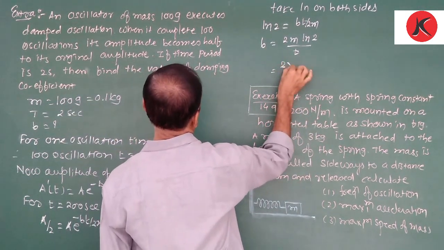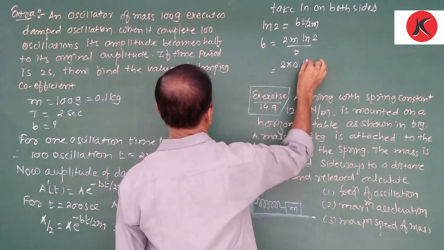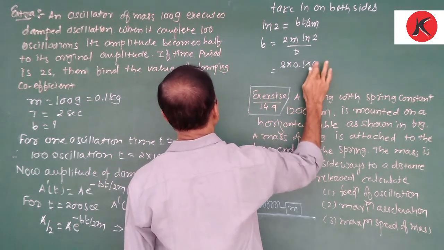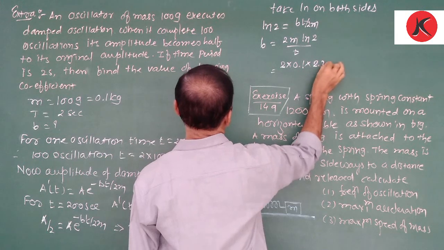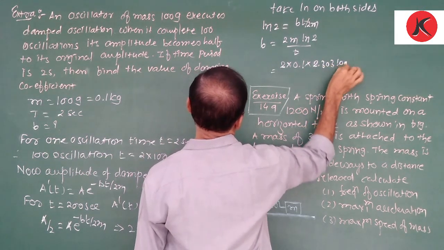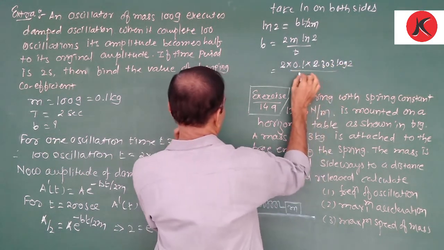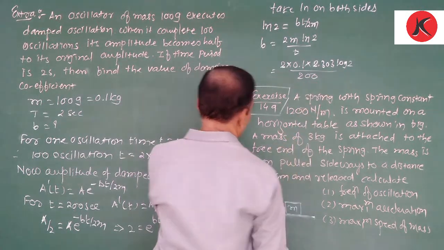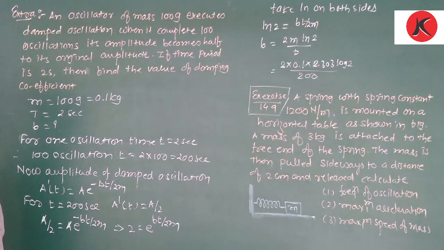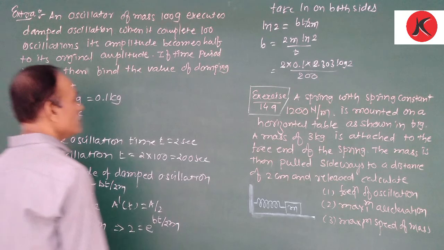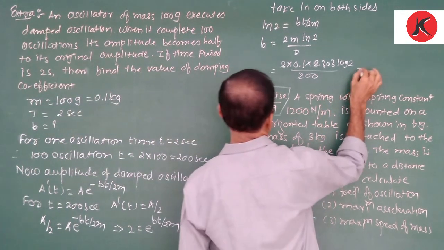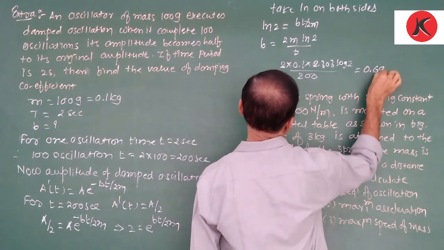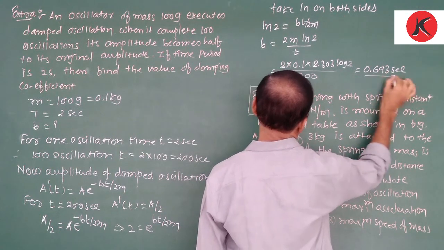Now, 2, m is 0.1, ln 2 is 2.303 log 2, upon time t, 200. So as we substitute log 2 as 0.3010, we obtain the answer 0.693 seconds.